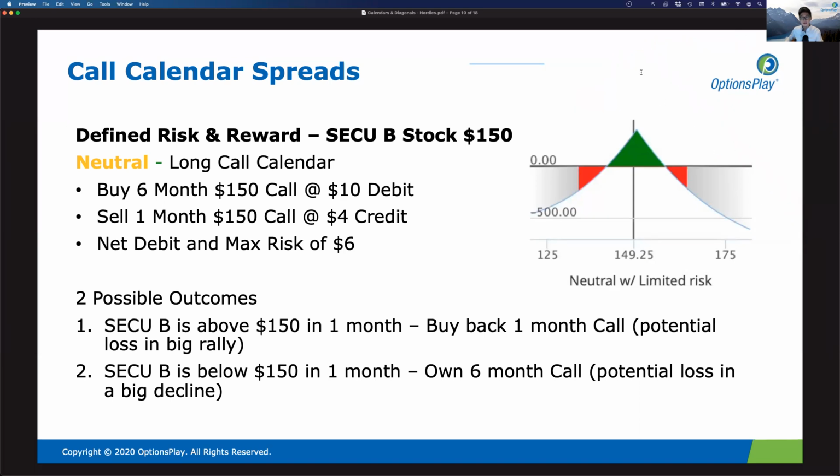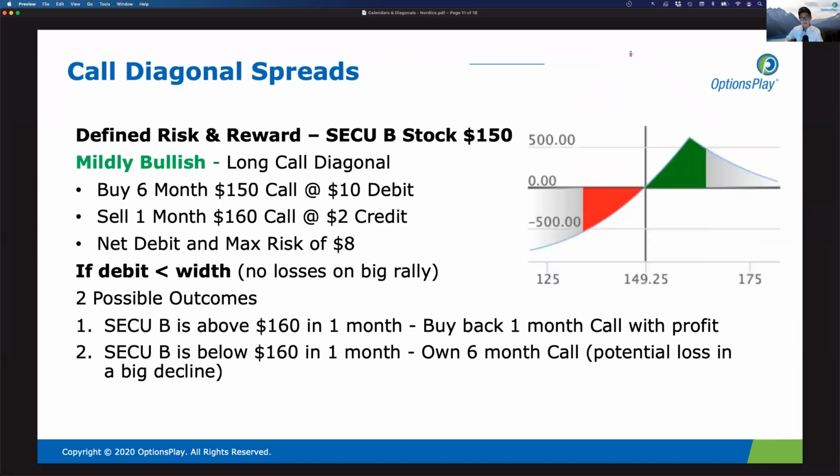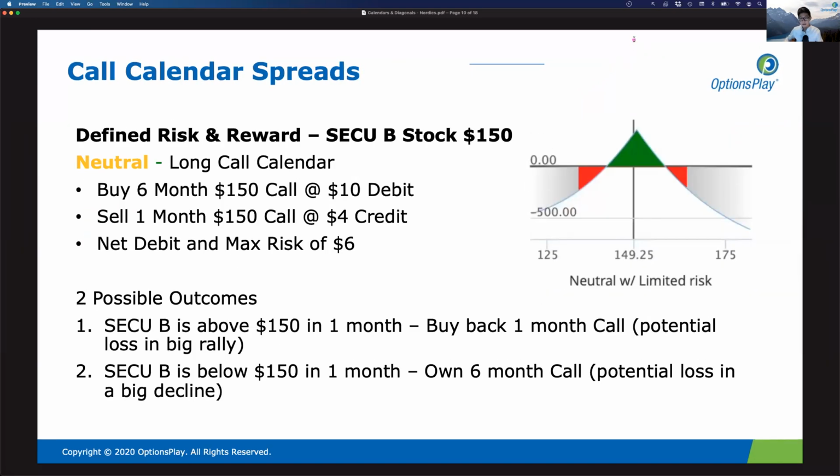And vice versa, on the other side, if the stock declines, you have substantial losses, but the stock obviously can't go below 0, but you still have substantial losses to the downside.